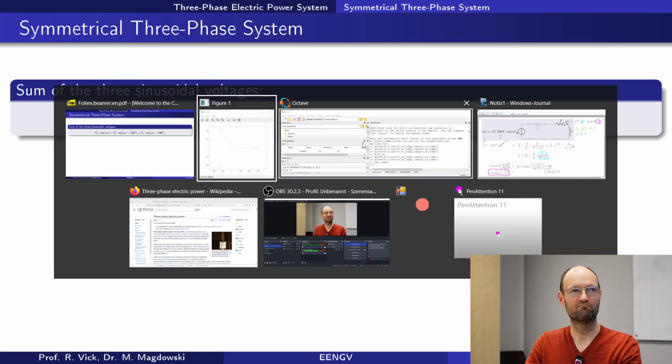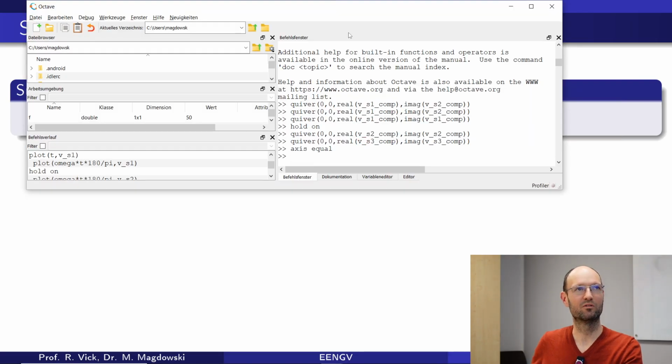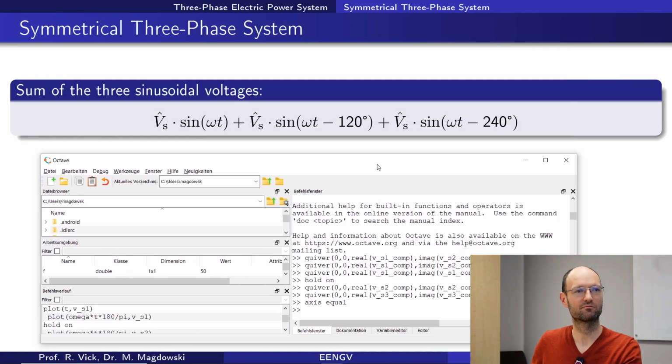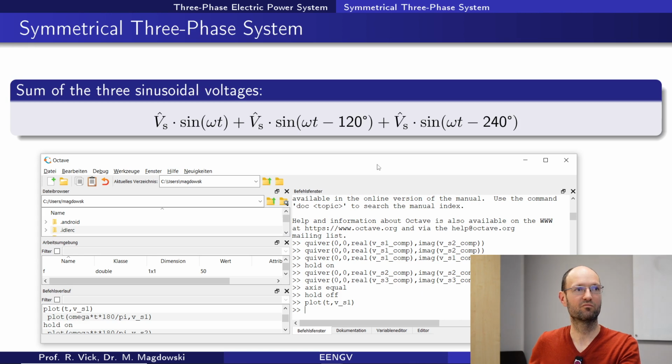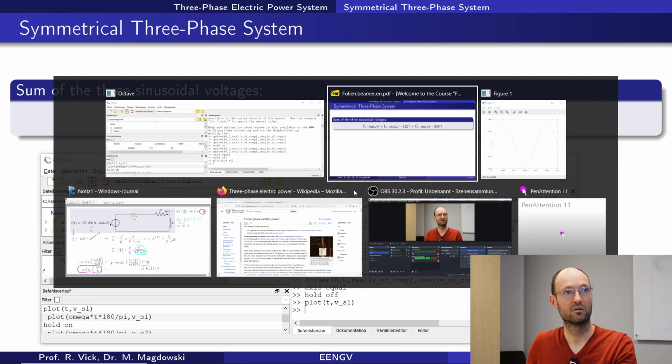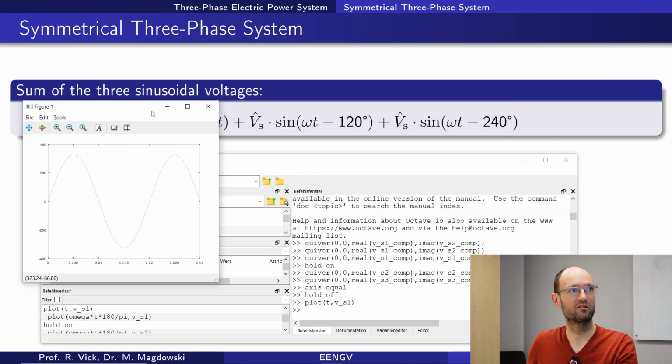Of course, we can do it in MATLAB, no problem, right? Remember, there was my plot function here, and I need to say hold off. There was my plot function that plotted, for example, the first sinusoidal voltage, which looked like this.